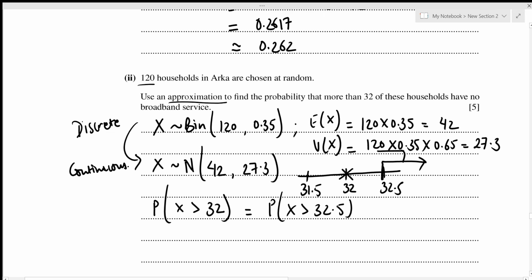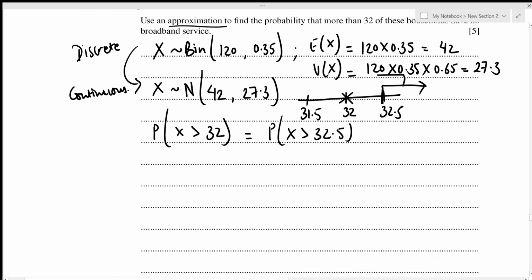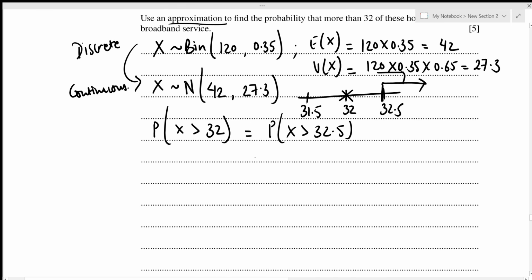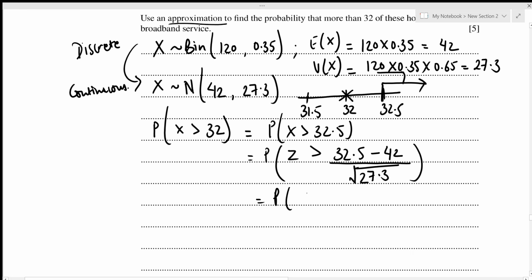Now we can move on to applying the normal distribution process. So the first step would be to standardize. That's Z is greater than 32.5 minus the mean value of 42 divided by the standard deviation. That's going to be the root of the variance. This gives us the value of negative 1.818.